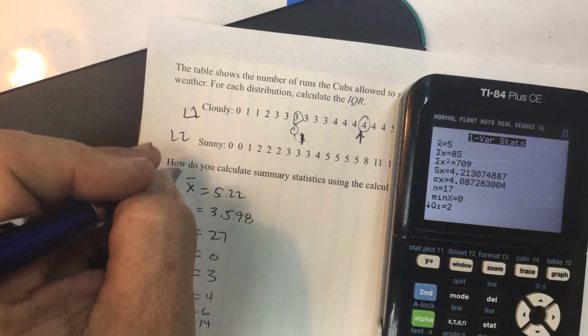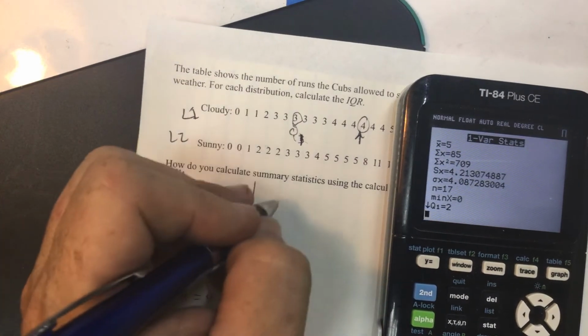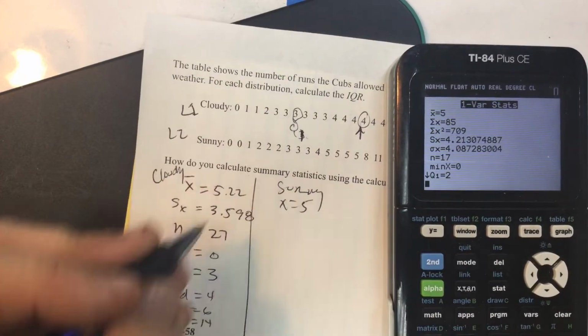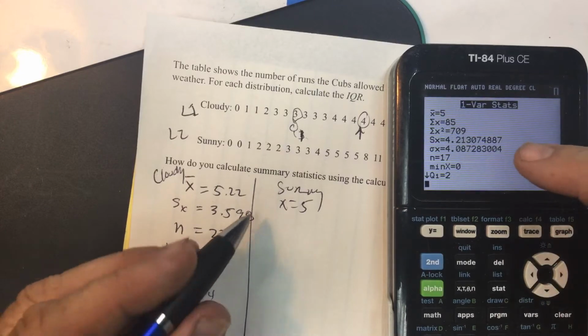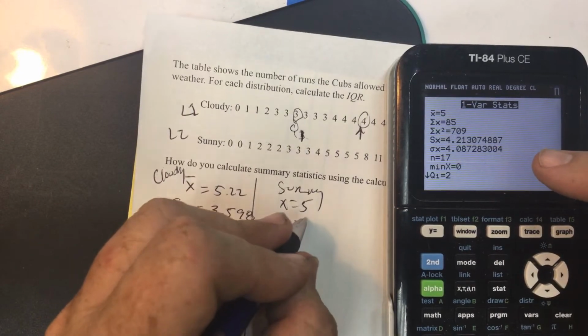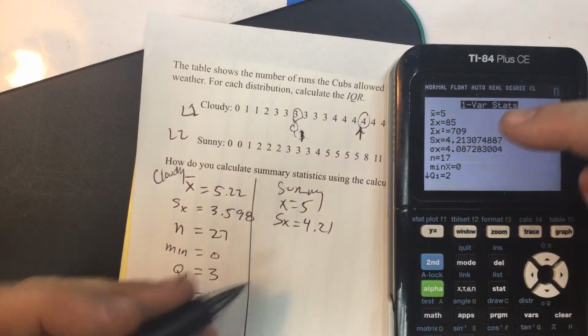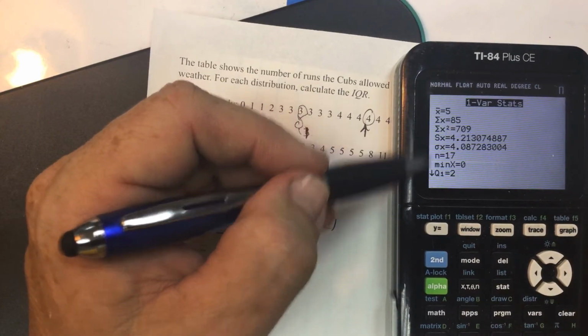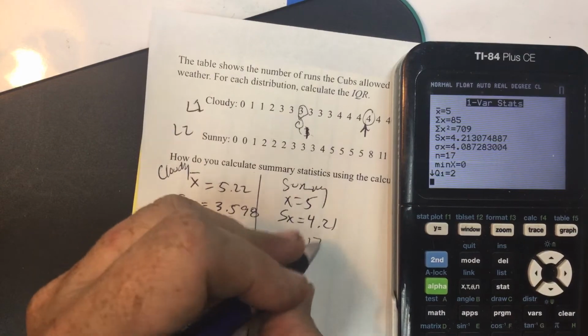So now this is my cloudy, and then this is my sunny. We have an x-bar of 5, so the centers are almost the same. We have a standard deviation of x of 4.21. That's this one right here. We have 17 in that column.